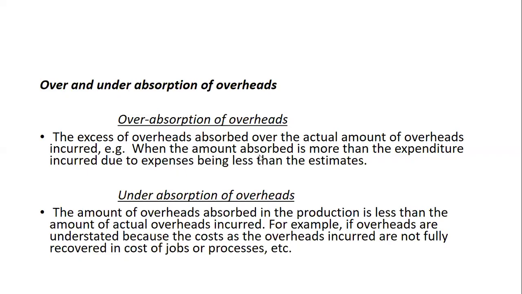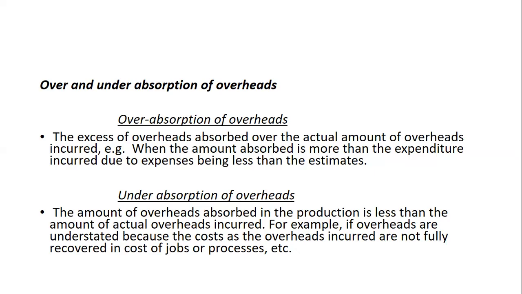It is when the amount absorbed is more than the expenditure incurred, due to expenses being less than the estimate. That is what we call over absorption of overheads. If the overheads absorbed are more than the actual amount of overheads incurred, then that is over absorption of overheads.